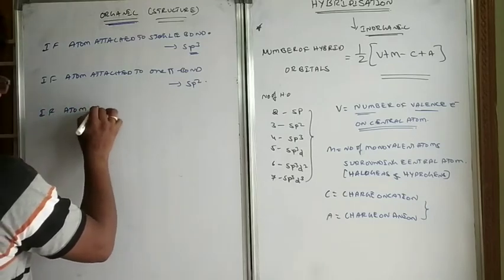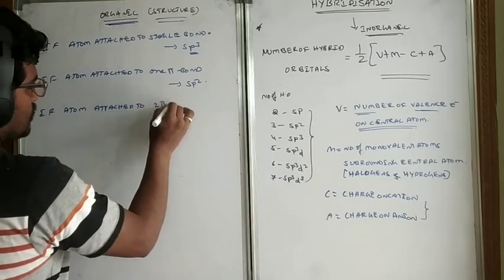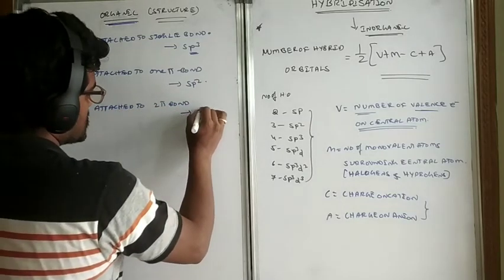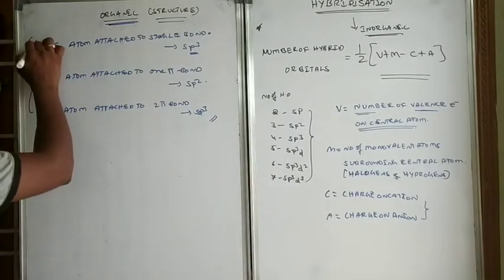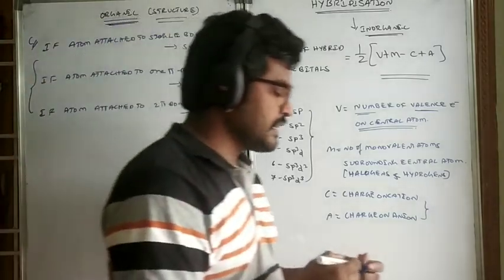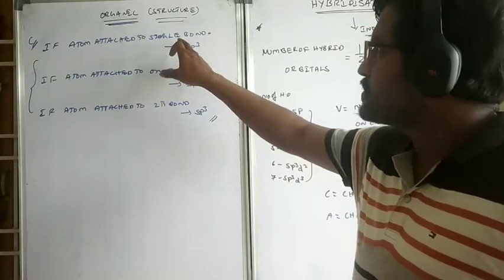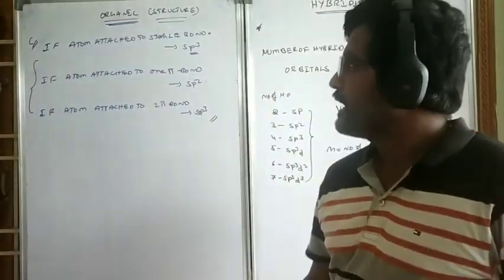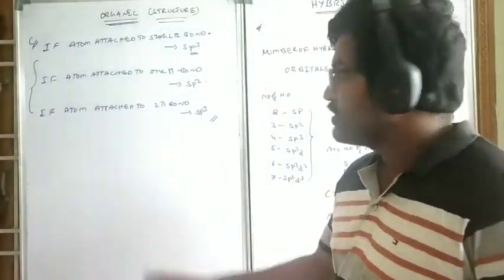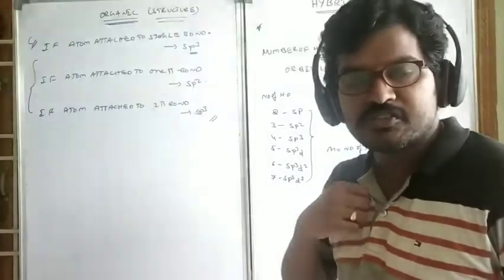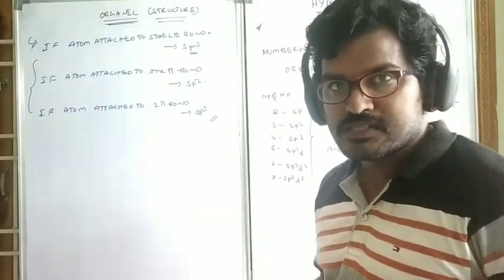If the atom is attached to 2 pi bonds, the hybridization is sp. Whenever you take any organic compound, if carbon is attached to single bonds, it is always sp3. If the atom is attached to 1 pi bond, it is sp2. If attached to 2 pi bonds, it will be sp. Remember this carefully.